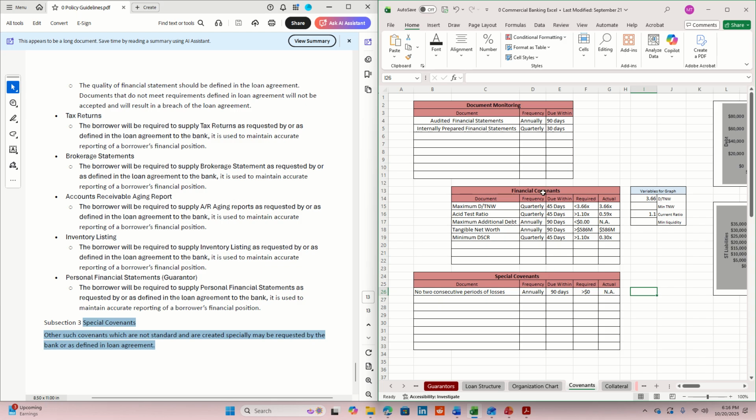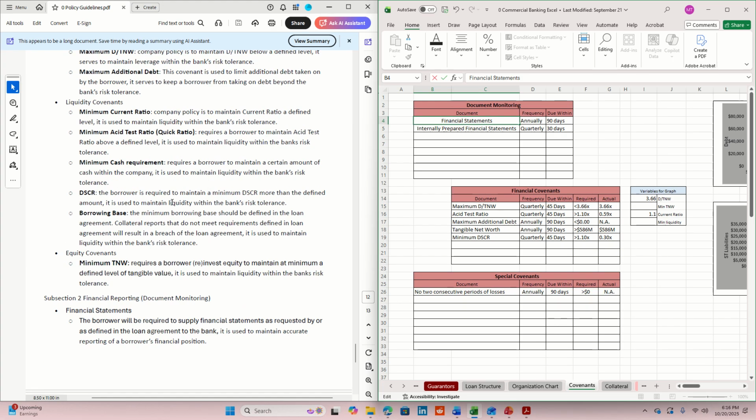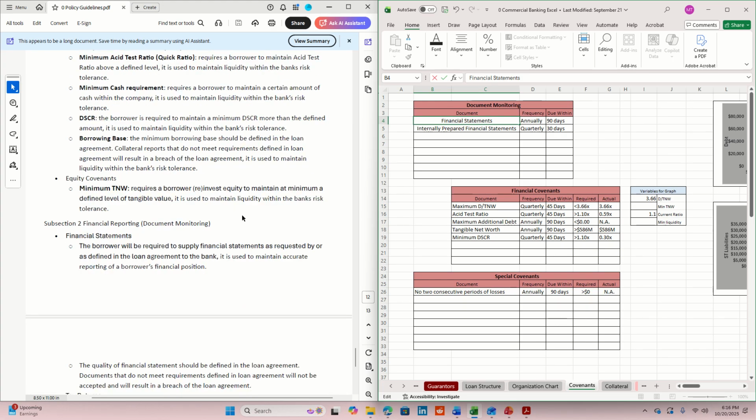Okay, so we've gotten all of our financial and our special covenants. Now let's go into document monitoring. We already have audited financial statements in here. Now, I only want you to do audited financial statements if the company makes more than $20 million in revenue. If they make less than $20 million in revenue, then don't do that.